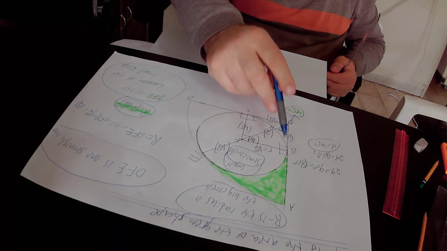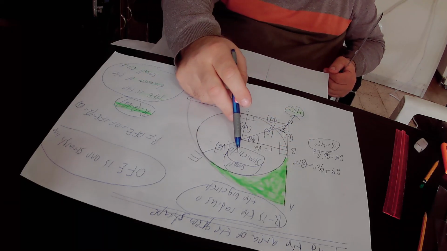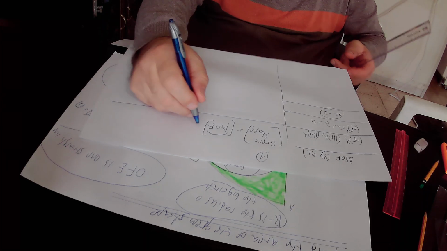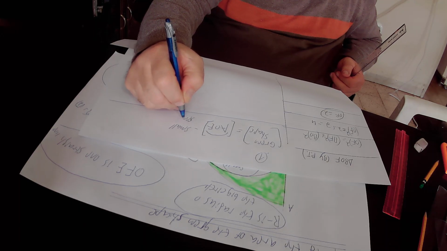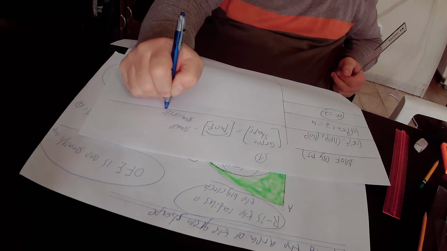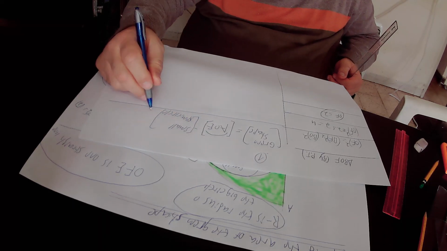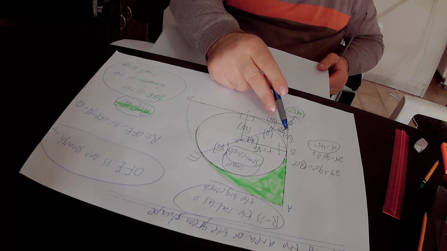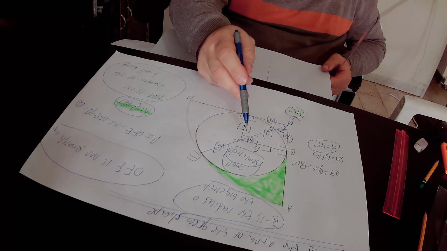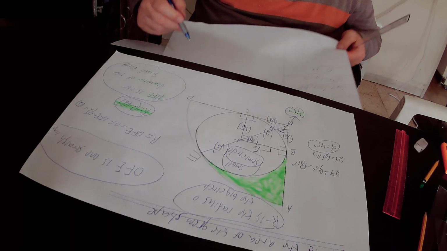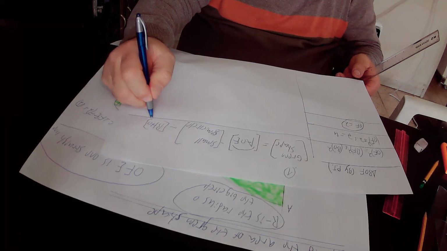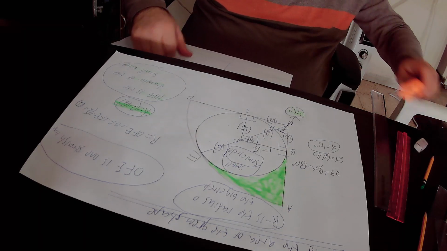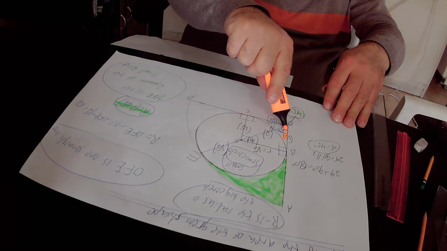So the area of this green shape equals the area of the big sector AOE minus the area of the small semicircle, minus the area of this orange shape BHO.